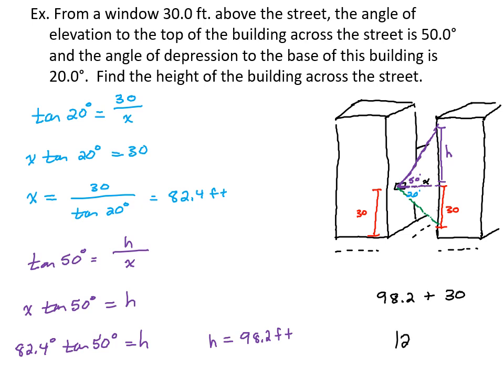So my building height across the street is 128.2 feet. So the next time you go on a vacation or go to a big city and you're in a hotel, you look out the window, you could figure out how tall the building is across the street just by doing some trig. I'm pretty sure no one would do that, but you could if you wanted to.